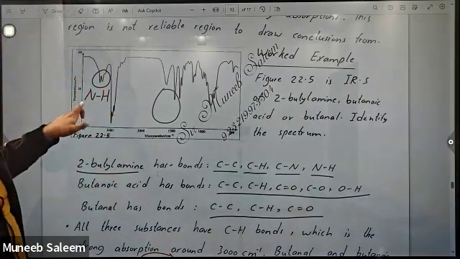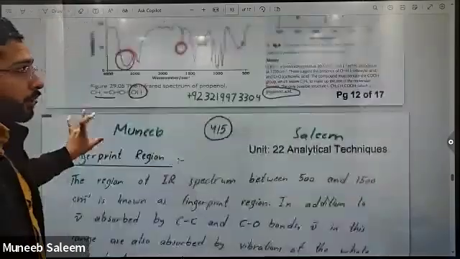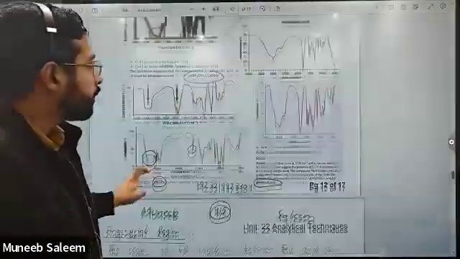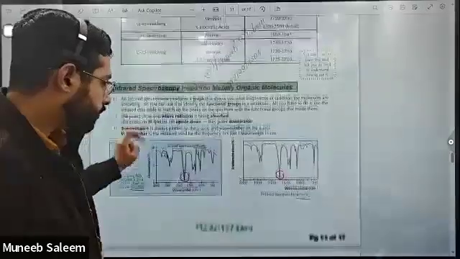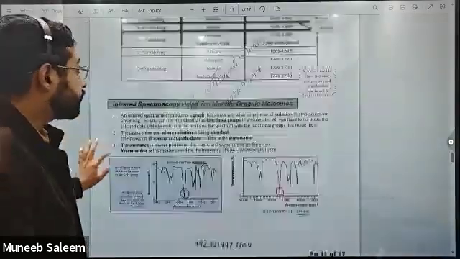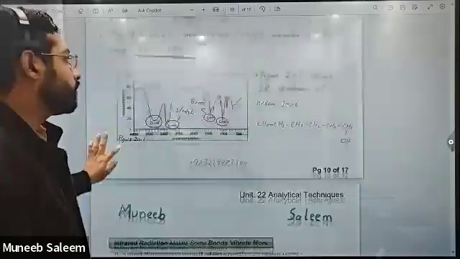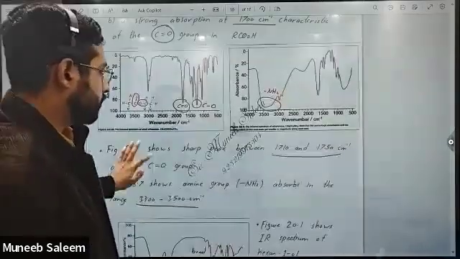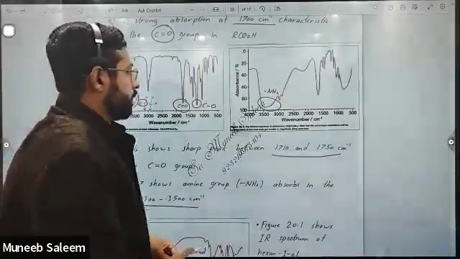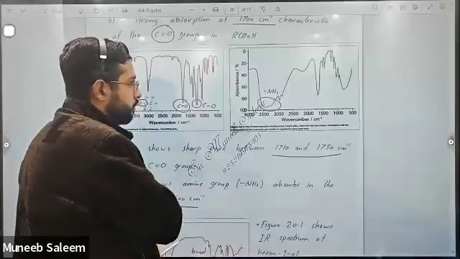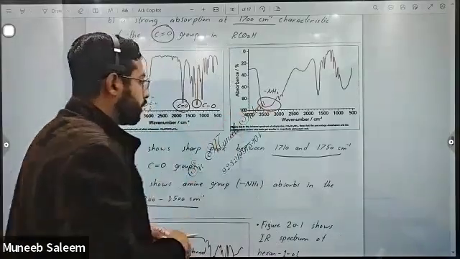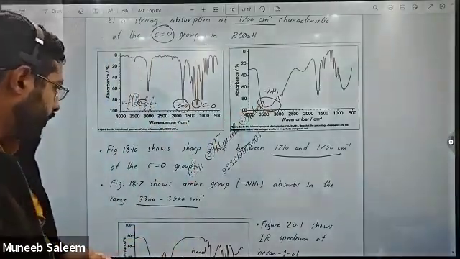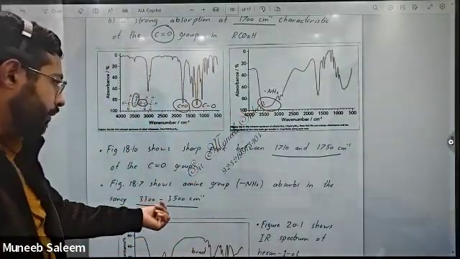So you can also check this IR spectra with the already covered example of amine. We had discussed one such example of an amine group over here, 3300 to 3500.